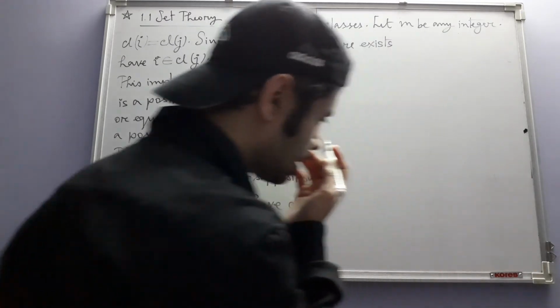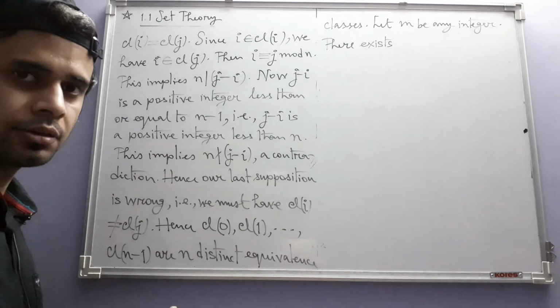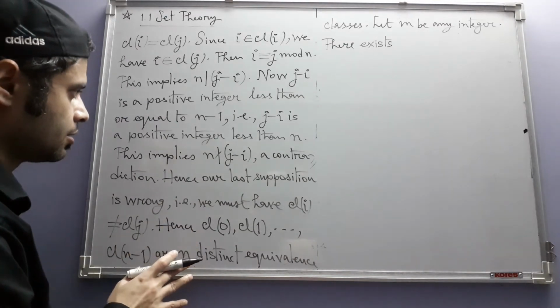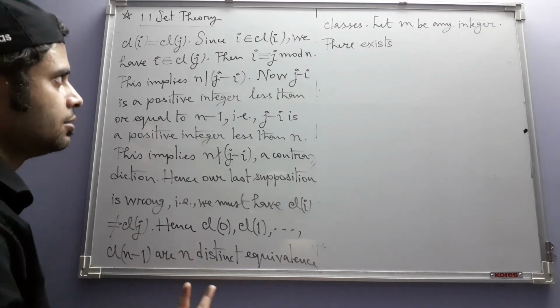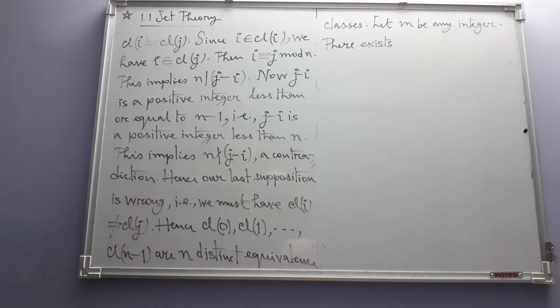Actually the Euclidean algorithm comes in the third section. This is the first section. Anyway, since we have already seen the third section, the integers, you can assume that we know about the Euclidean algorithm.